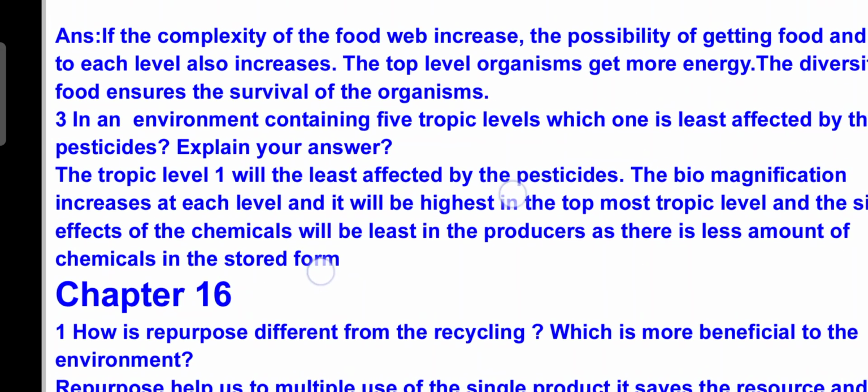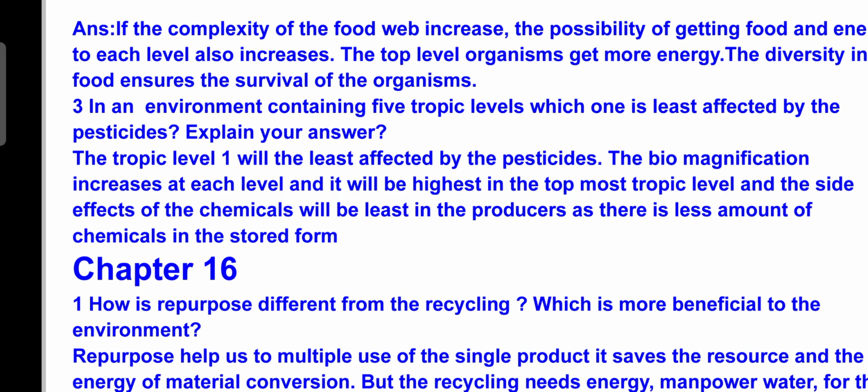Now, third question, let us see. In an environment containing 5 trophic levels, which one is least affected by the pesticides? Explain your answer. Now here it is a tricky question. They have mentioned 5 trophic levels.